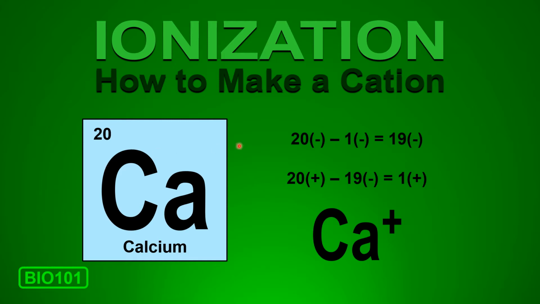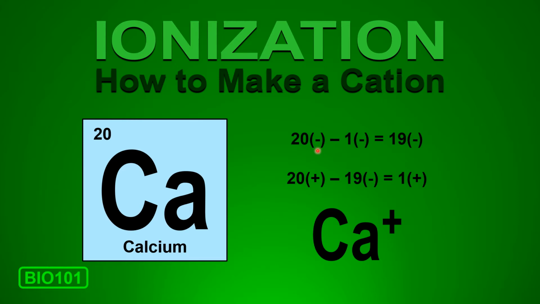Now, we want to make a cation. We want to make this atom more positive, right? In order to make a cation, you have to lose an electron because it has to become more positive. So we need to lose a negative charge. So we have 20 electrons here. You know they're electrons because I have a little minus sign in parentheses.